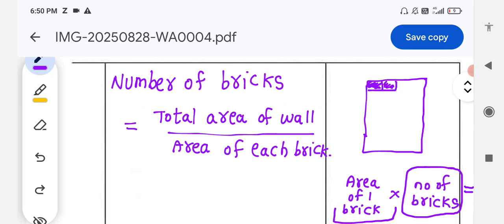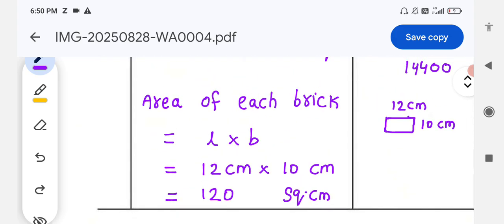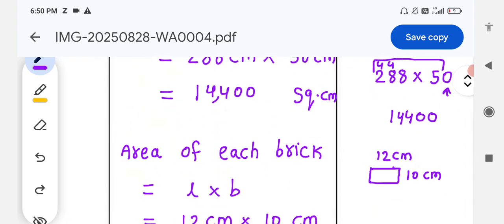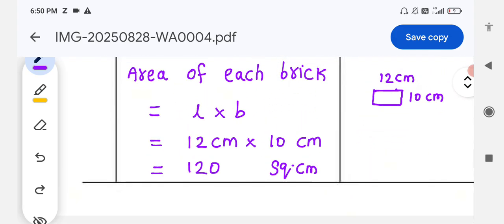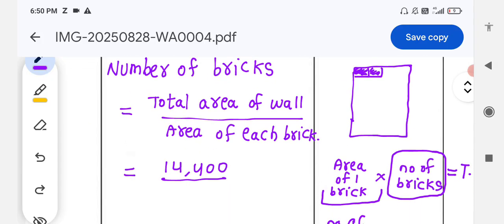So now let us put the values. What is the total area of the wall? I got it as 14,400, divided by the area of each brick. As you can see here, I got the area of the wall as 14,400 and the area of each brick is 120.